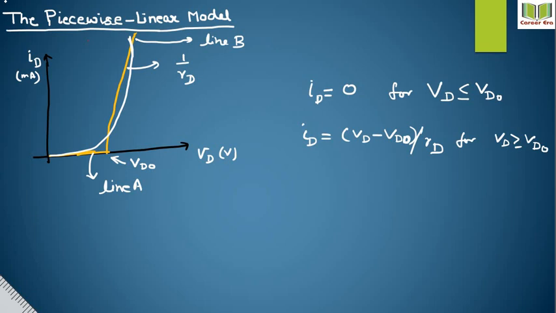If the voltage is less than or equal to VD naught, then current ID equals 0, and when voltage is greater than or equal to VD naught, then current ID is equal to (VD minus VD naught) upon RD.